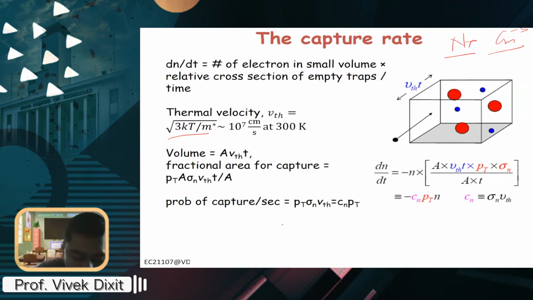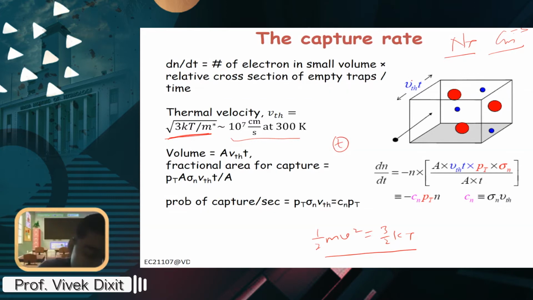All of you can recall half mv square is 3/2 kT, so that gives you velocity v = sqrt(3kT/m). That comes out to around 10⁷ centimeter per second at 300 Kelvin, or you can also write 10⁵ meter per second.